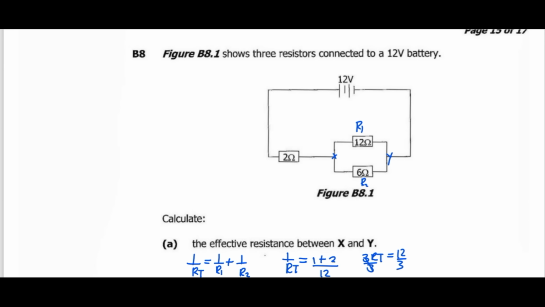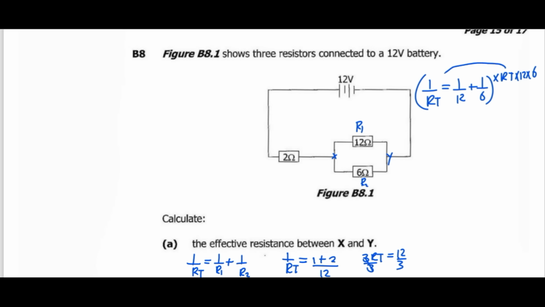Now let's say we don't want to use the fraction. So 1 over RT is equal to 1 over 12 plus 1 over 6. We multiply by RT times 12 times 6.